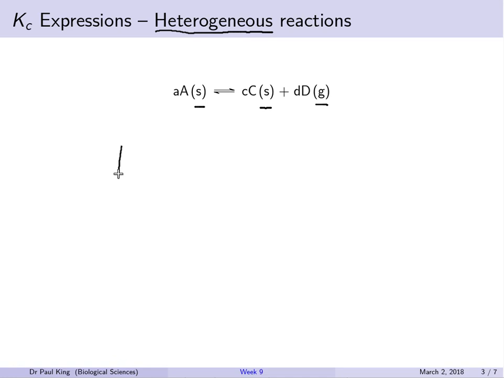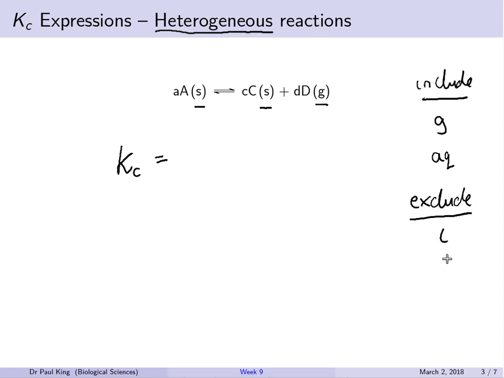And when we write down equilibrium constants for heterogeneous reactions, we only include terms for gases or species in aqueous solution. Okay, those are the terms that we include in our expression, and we exclude anything that happens to be a pure liquid or a pure solid. But apart from that, we proceed in exactly the same way as we have before.